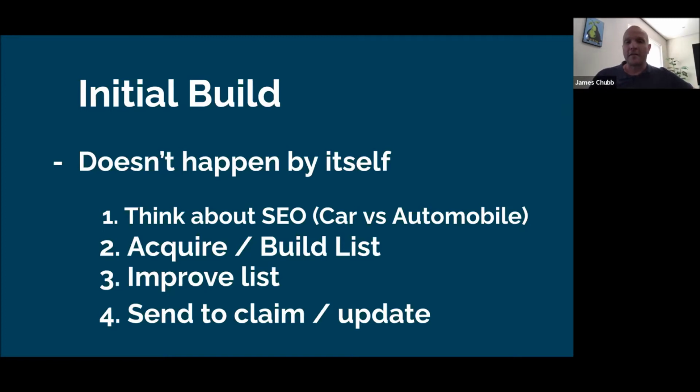The first thing for the initial build is we recommend you think about SEO, that's search engine optimization, especially with the category structures. The reason for that is different keywords have different traffic. So car versus automobile, there are very different amounts of people searching for those within different groups.